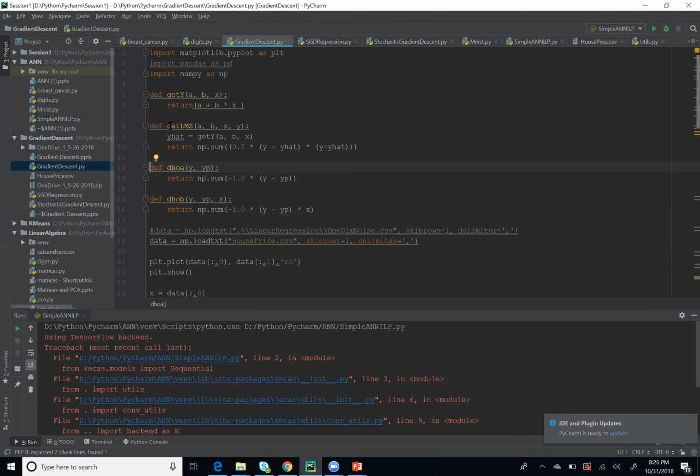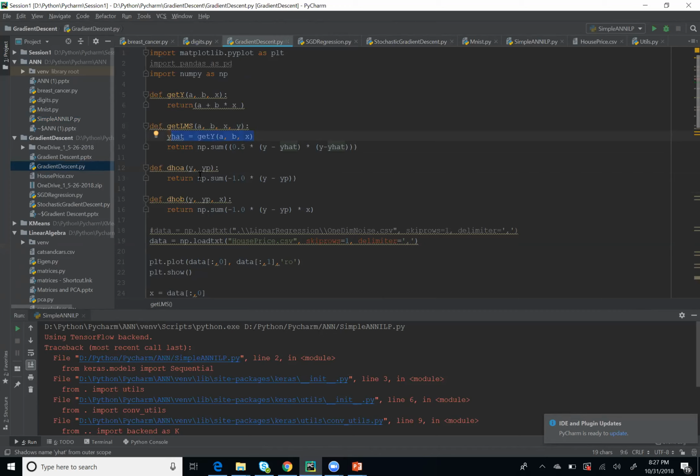And then I get the least mean square. What does that mean? You have an actual value, which comes from your data, and you have a predicted value, which you get by putting in AX plus B, and then you return the sum of it. That is the error term.